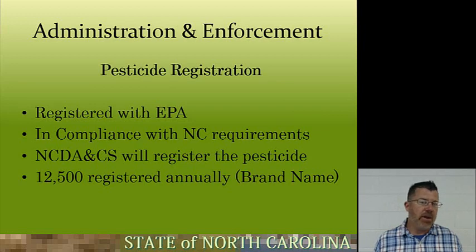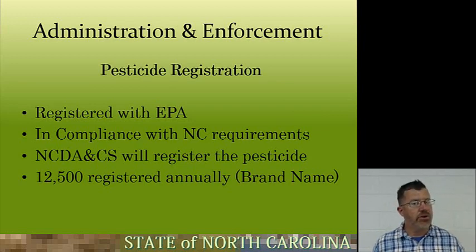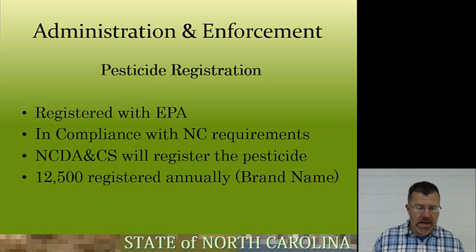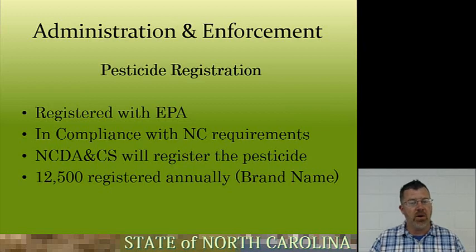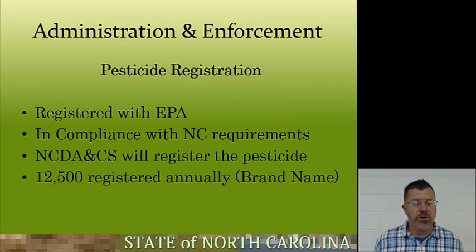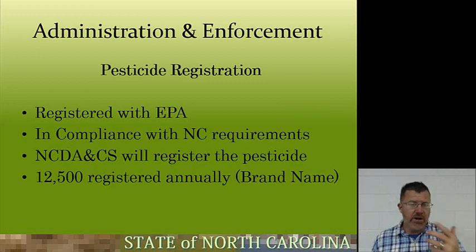They must be in compliance with North Carolina requirements. Like I said, North Carolina could have stricter requirements than the EPA. And the North Carolina Department of Ag will register the pesticide if those two things are taken care of: registered with the EPA and in compliance with our requirements. And remember, our requirements may be a little stricter than EPA. There are about 12,500 registered annually in North Carolina.